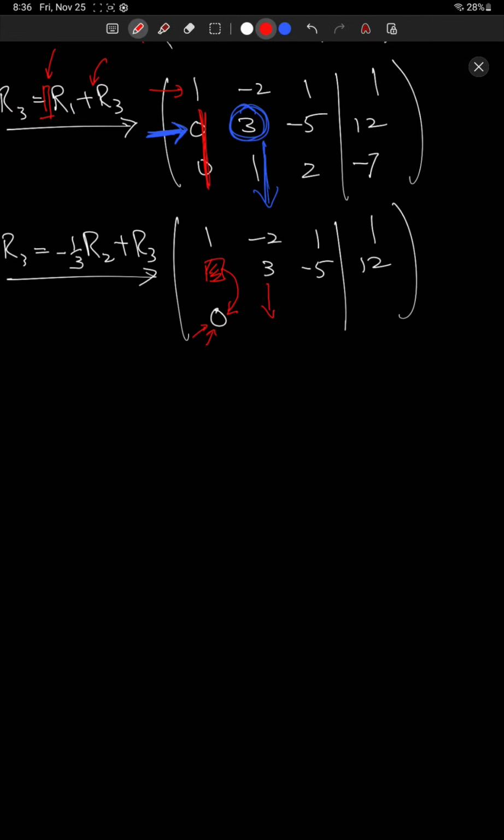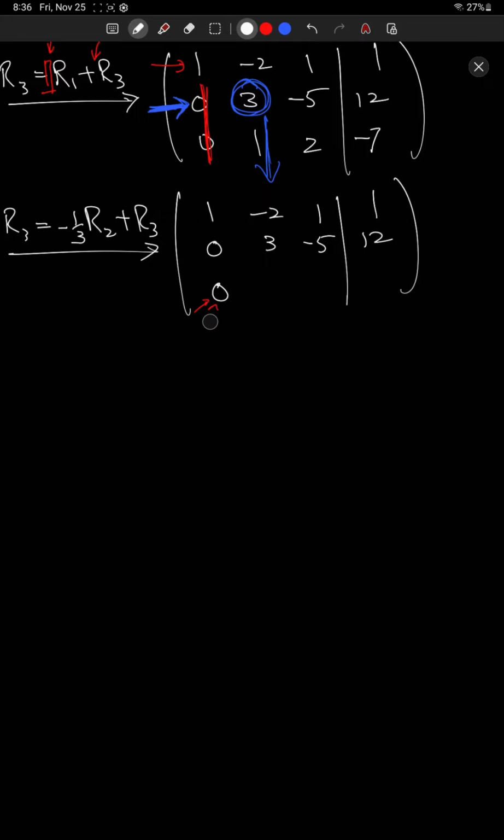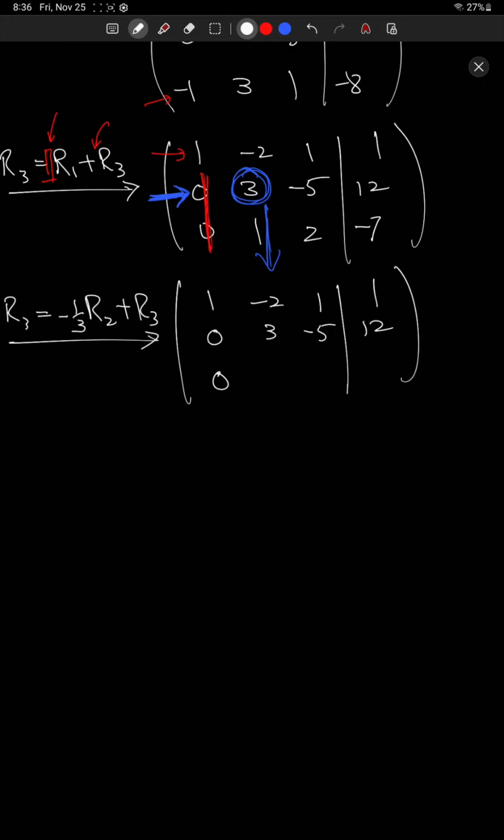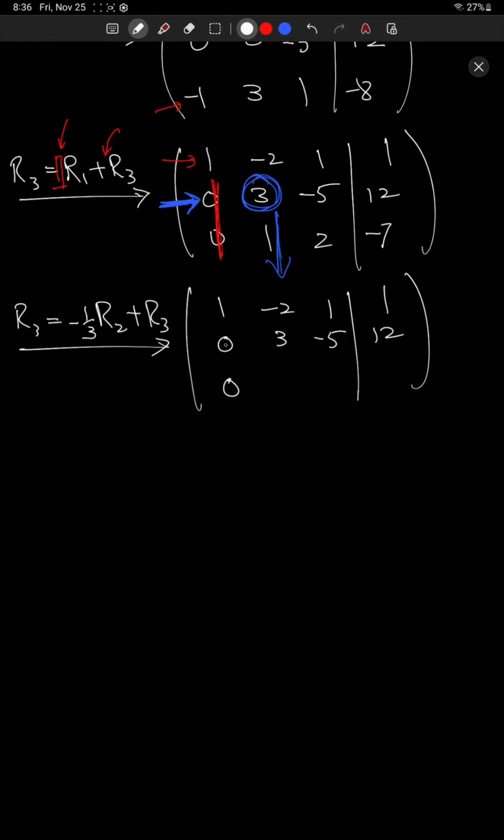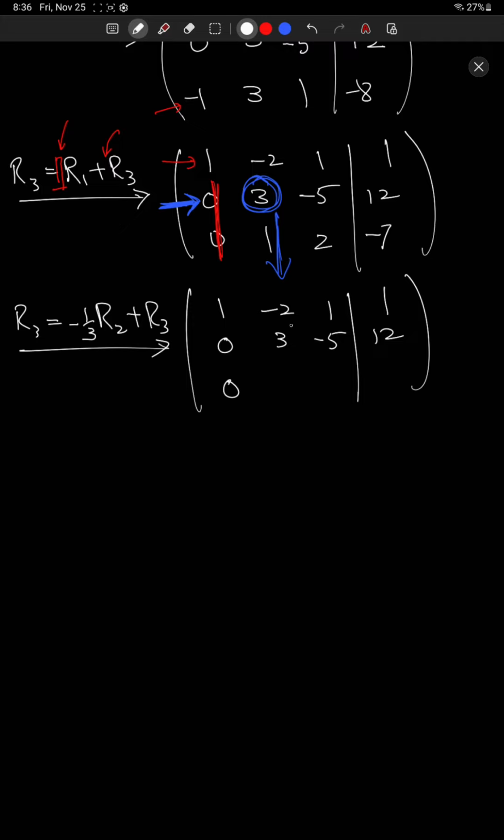So the fact that this guy here is 0 is actually very important, because minus 1/3 times 0 plus 0 remains 0. Okay, 0.